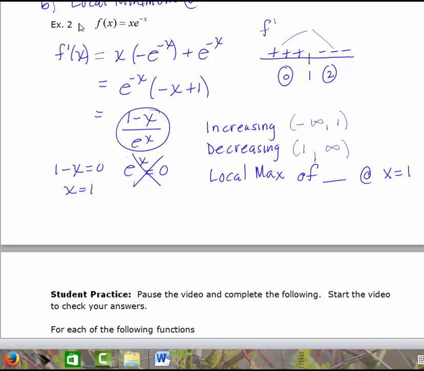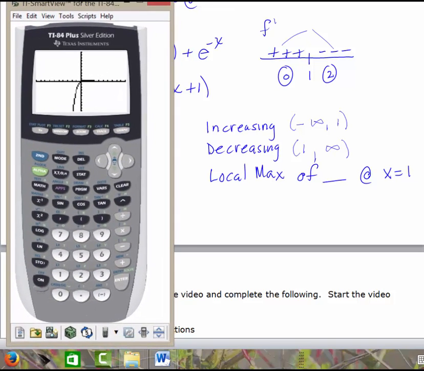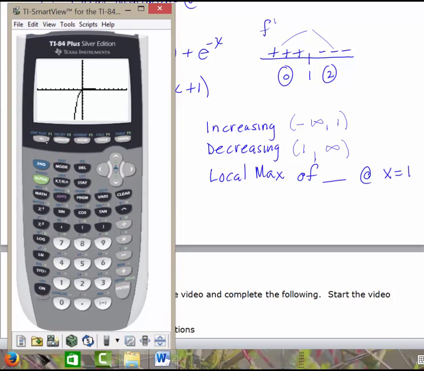But let's use a calculator to get a decimal value, and also to confirm our analytical work using the graph. So I've typed my function into the y equals. I started with a zoom 6, but it didn't give me a very good window.